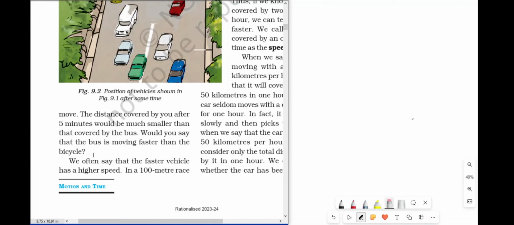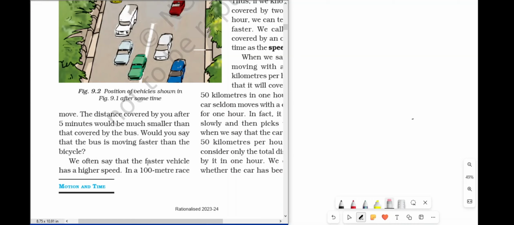तो मान लो आप अपने दोस्त को छोड़ने गए हो बस स्टैंड पे और आप एक साइकिल पे बैठते हो और उसी टाइम पे बस भी चालू हो जाती है. तो आप देखते हो कि 5 मिनट बाद जितना डिस्टेंस बस ने कवर किया है उससे कहीं कम डिस्टेंस आप कवर कर पाए हो. तो इससे हम क्या अनुमान लगा सकते हैं कि क्या बस हमसे ज्यादा तेज चल रही है? तो ऑफ कोर्स दैट्स ट्रू कि बस हमसे ज्यादा तेज चल रही होगी क्योंकि उसने ज्यादा डिस्टेंस कवर किया होगा उन 5 मिनट में.